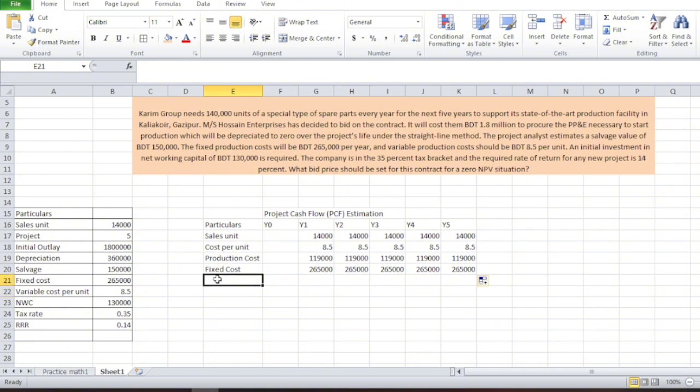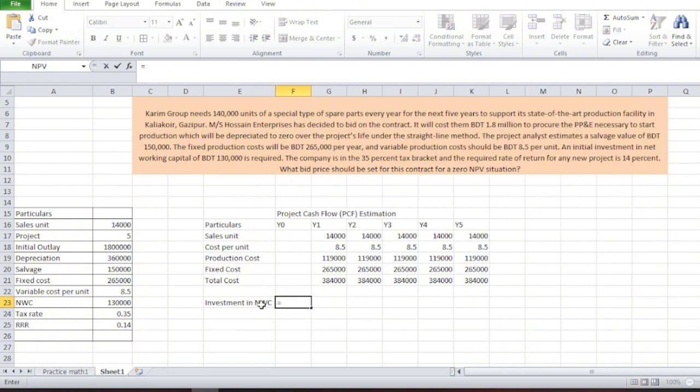Now we will calculate the total cost. So our total cost would be production cost plus fixed cost. So this is our total cost. Now we will adjust our cash flows. Investment in net working capital, which was made in year one. So this is our recovery of net working capital.